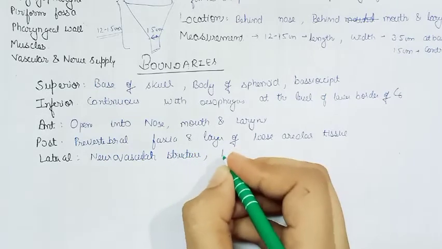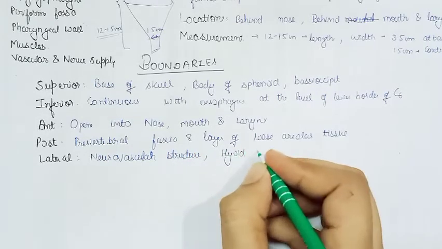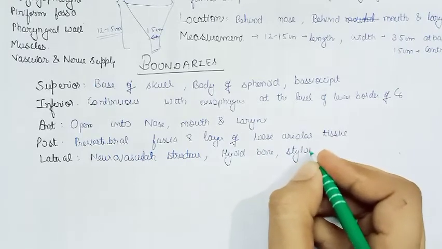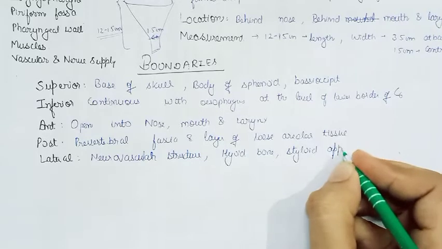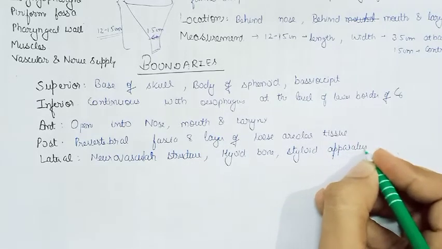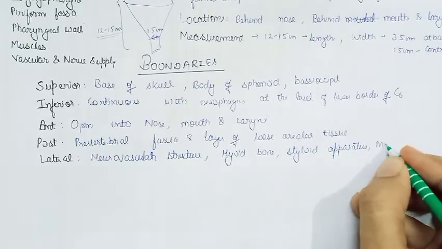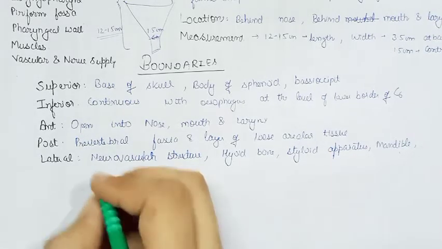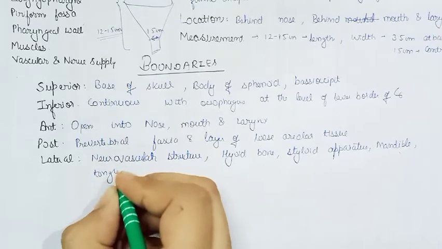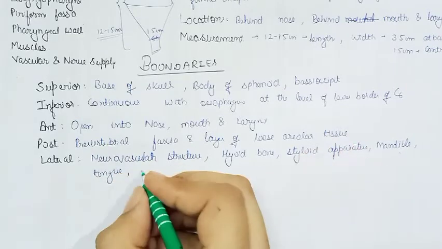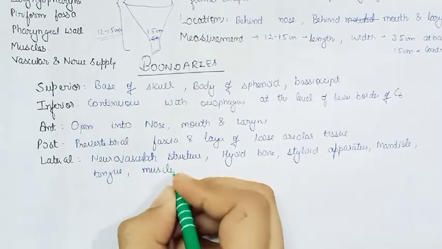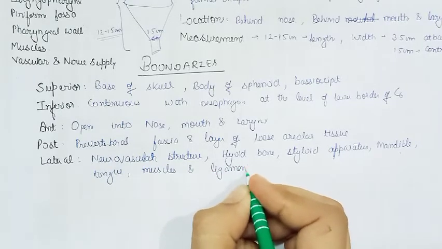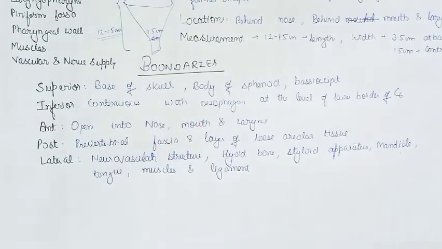We have some bony structures like the hyoid bone, styloid apparatus. Moreover, it has some attachment to the mandible, tongue, and there are many more muscles and ligaments. So this was all about the boundaries of the pharynx.